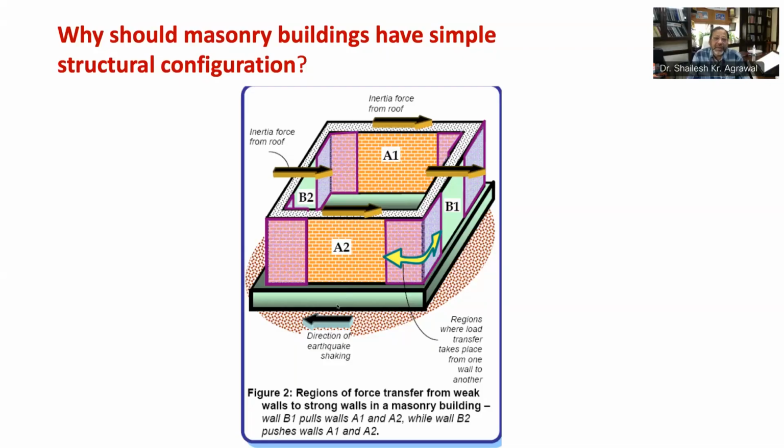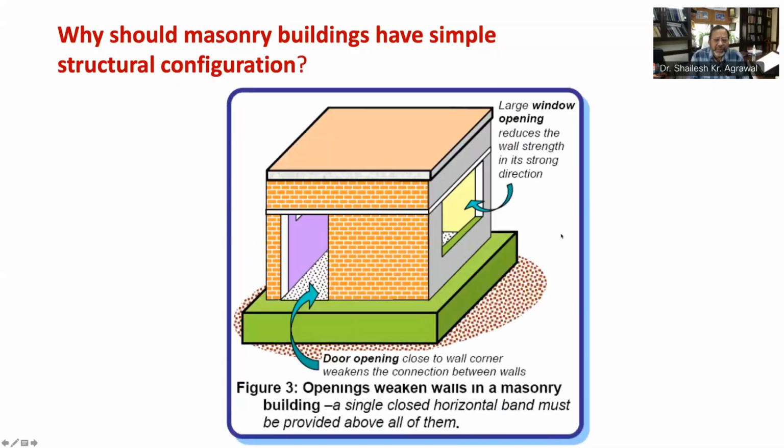Therefore, the masonry courses from the walls meeting at corners must have good interlocking. This is the reason that openings near the wall corners are detrimental to good seismic performance. As you can see in this figure, openings too close to wall corners hamper the flow of forces from one wall to another.